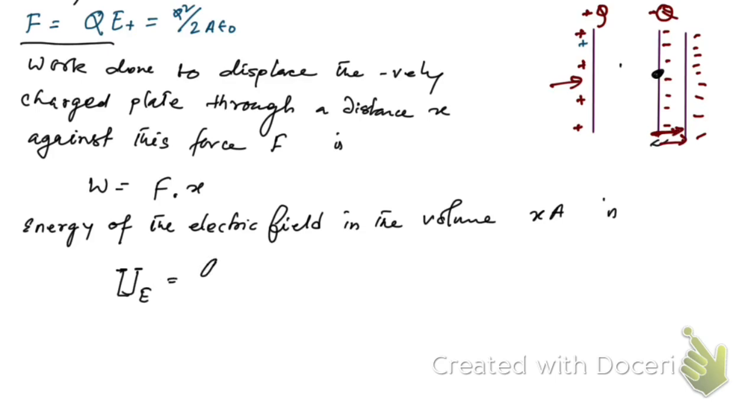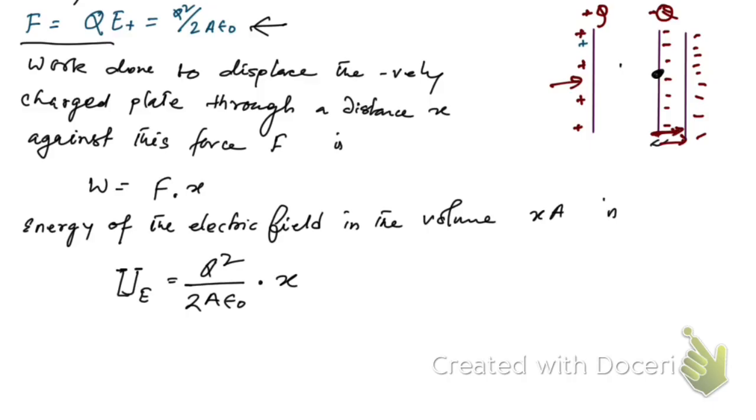So F, we know that is this one, Q square by 2 epsilon naught A, I forgot to put the A, into x, that's what you're going to get.